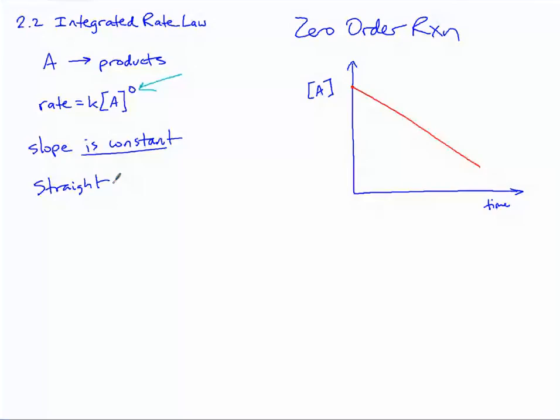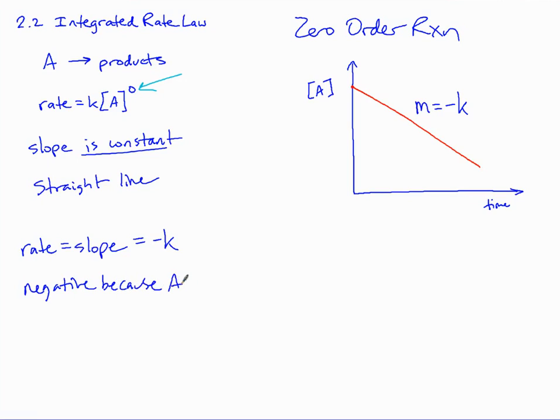A graph in which the slope is constant is a straight line. Therefore, the rate equals the slope. So let's write this: rate equals the slope, and up here the slope equals negative k. The reason it's negative is because A is being used up in the reaction.